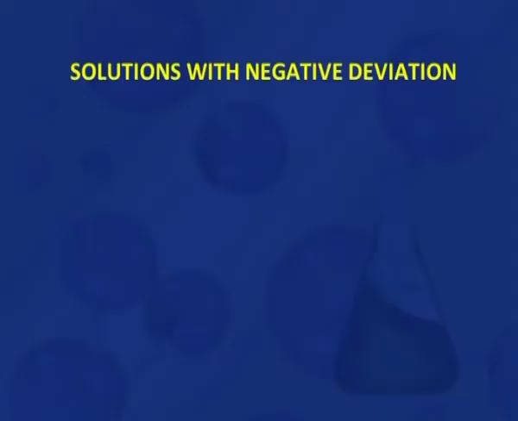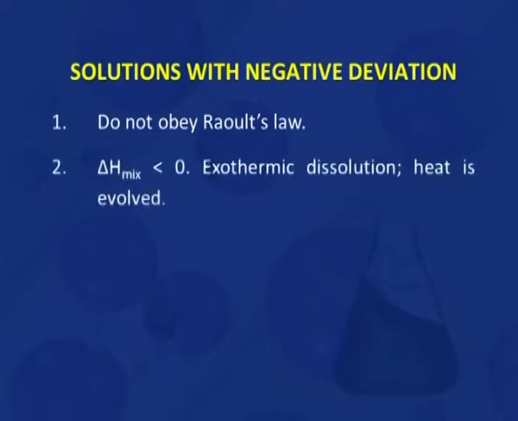These solutions also possess some characteristic properties. They do not obey Raoult's law, and delta H mixing is always less than 0. It means exothermic dissolution takes place and heat is evolved during solution making.